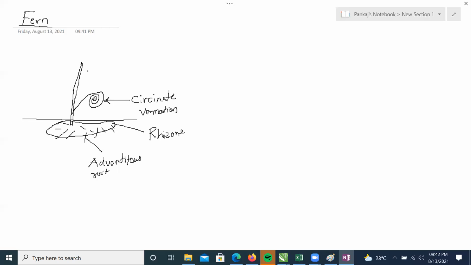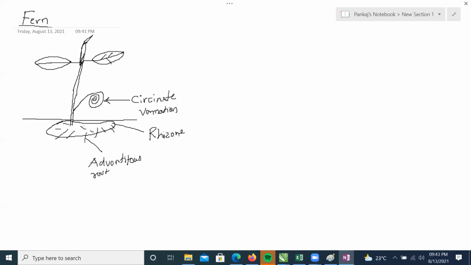Okay. Then the leaf will form like this. Okay.